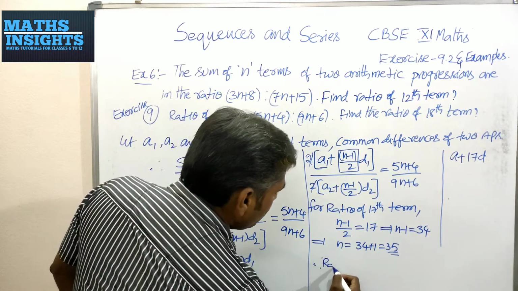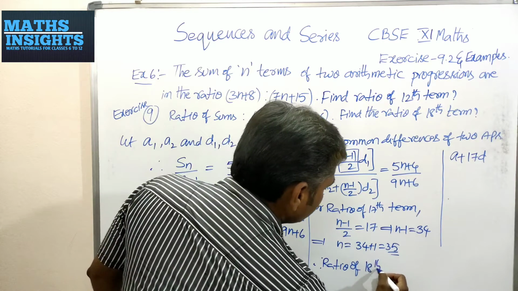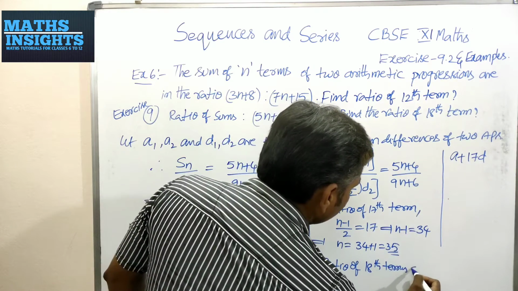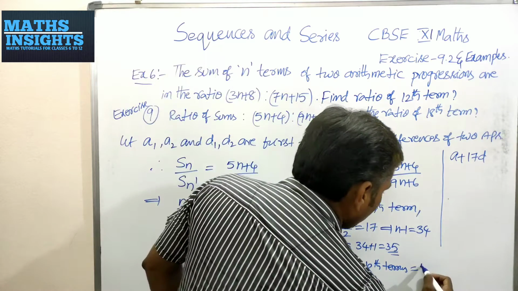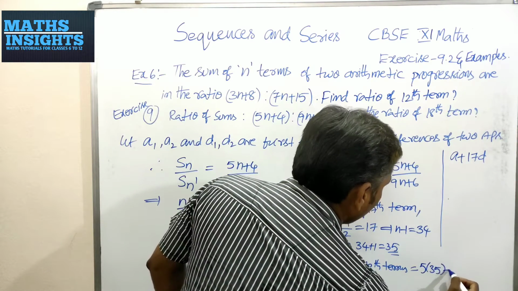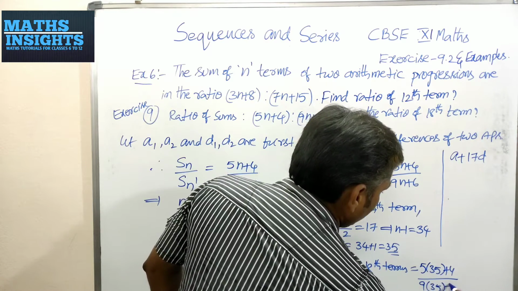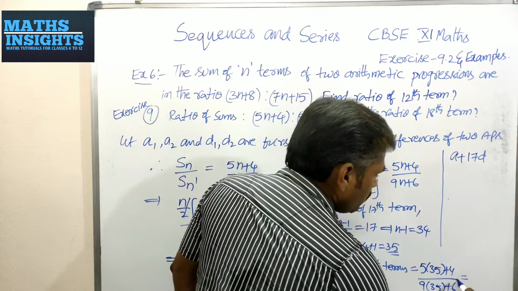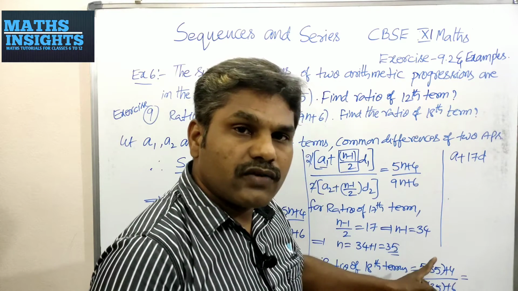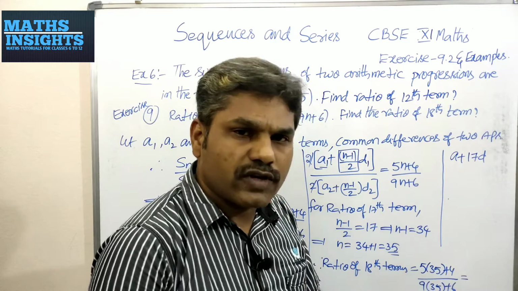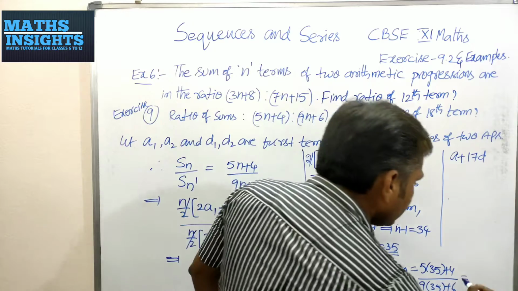Therefore the ratio of the 18th terms is equal to, here we have to substitute the n value, (5 into 35 + 4)/(9 into 35 + 6). If you calculate it, 35 into 5: 5 3s are 15, means 150, 5 5s are 25, 175. 175 + 4 is 179.